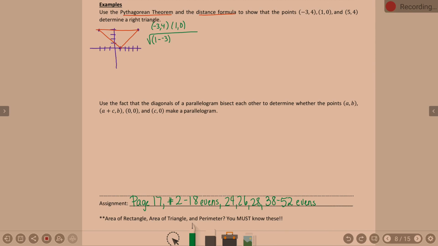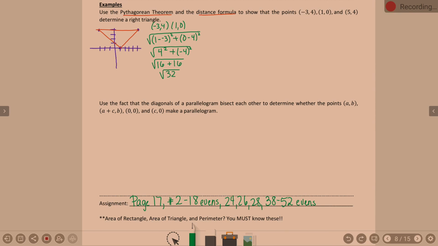So 1 minus -3 squared plus 0 minus 4 squared. 1 minus -3 is 4, so 4 squared. 0 minus 4 is -4. 4 squared is 16. -4 squared is 16.